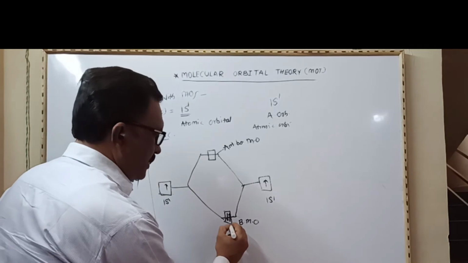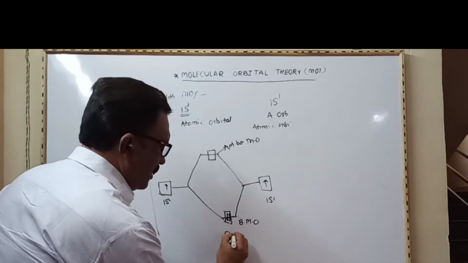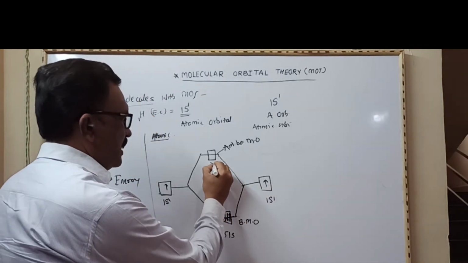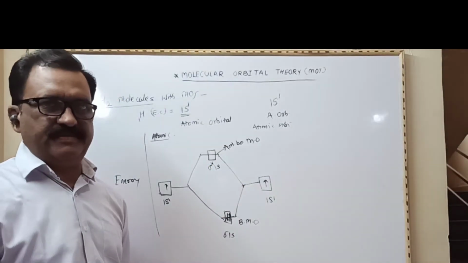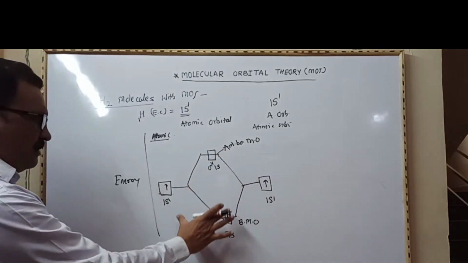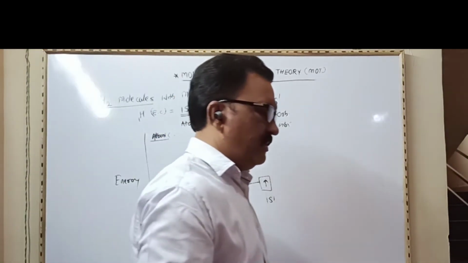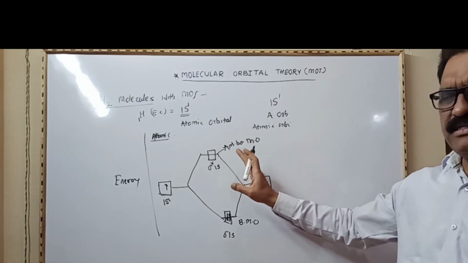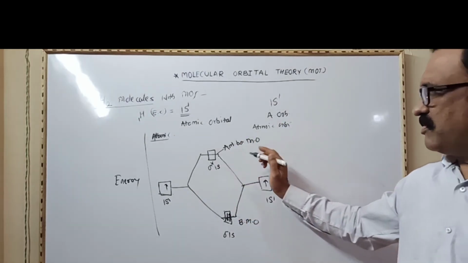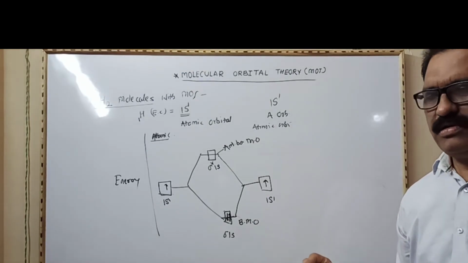The bonding orbital is sigma 1s and the anti-bonding is sigma star 1s. Hence, molecular orbital theory explains the formation of this hydrogen molecule.